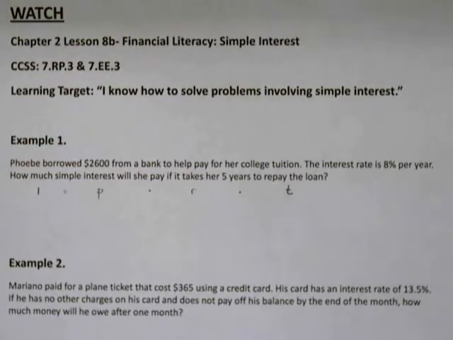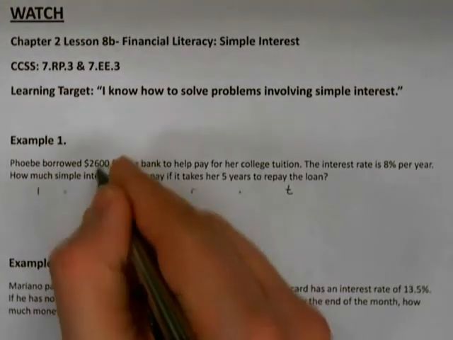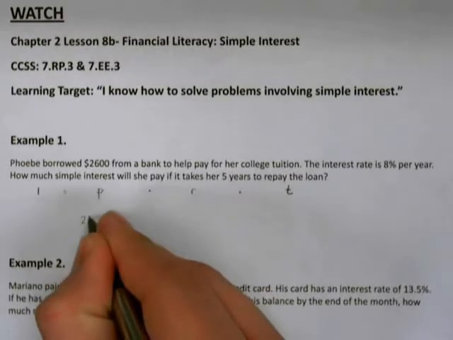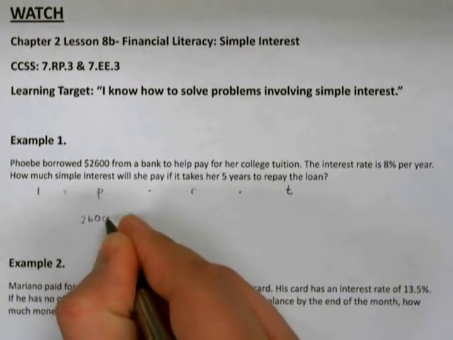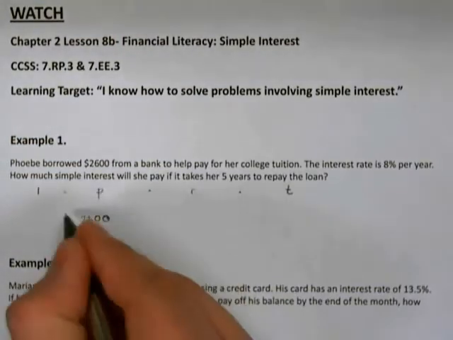Let's read it again, but slower. Phoebe borrowed $2,600 from a bank, and we know $2,600 is the principal, how much they're borrowing, so we can plug in $2,600 for P. She used that to pay for college tuition.